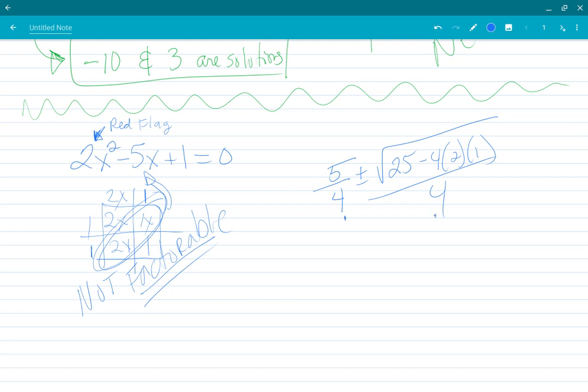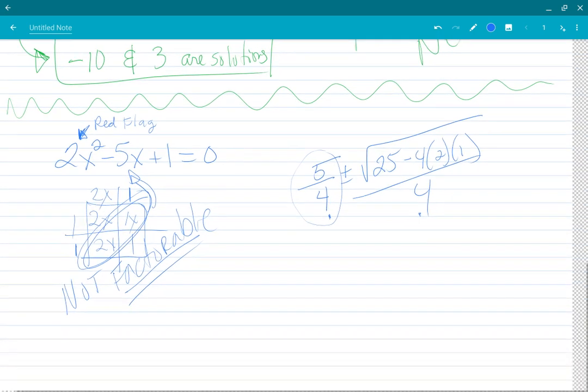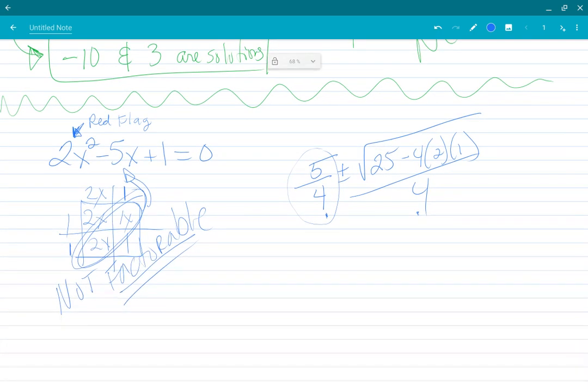I know these two are going to be the same. All right, so how much is 5/4? 1.25. Yeah, 1.25. That's your axis of symmetry. All right, here we go. What's 25 minus 8?